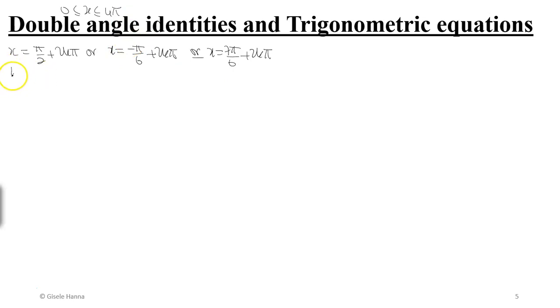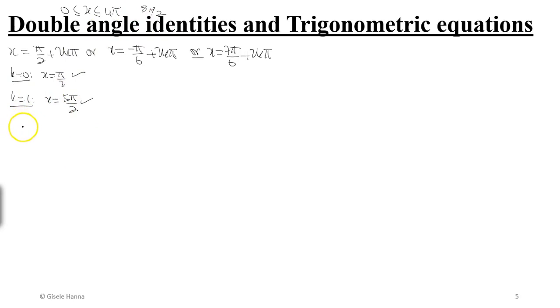So for the first one, for k equals 0, x is pi over 2, that is accepted. For k equals 1, x is pi over 2 plus 2 pi, that is 5 pi over 2. Remember that since we're dealing with a denominator of 2, you can estimate quickly if this is accepted or rejected, because 4 pi is in fact equivalent to 8 pi over 2. So 5 pi over 2 is still smaller, so that is accepted.